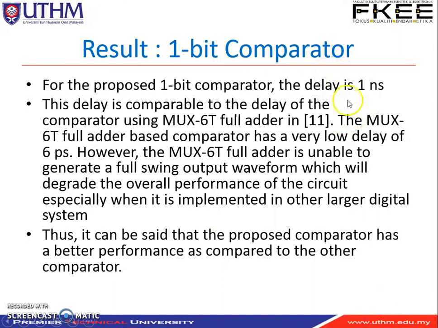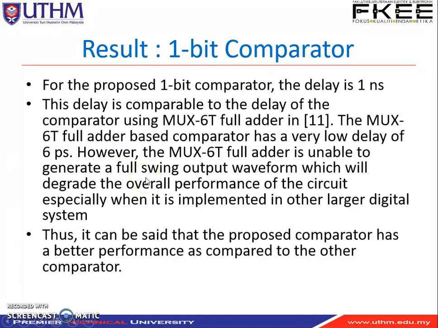In terms of the delay, the proposed 1-bit comparator, which is ours, is 1 nanosecond, and the comparator using the 6 transistor multiplexer full adder is 6 picosecond, which is a very short delay compared to ours.